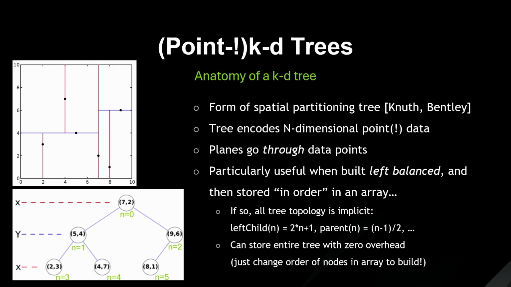So there's not a single byte of pointer or bounding boxes or anything in there. You just have an array of points, and just the order of the points in this array defines the entire tree, and that makes them very compact, very easy to transmit, and all of those are useful properties. So that's the main reason why people use them for that. I might say a BVH might actually be better, but lots of people, when they think of KNN queries, think of KD trees, period.